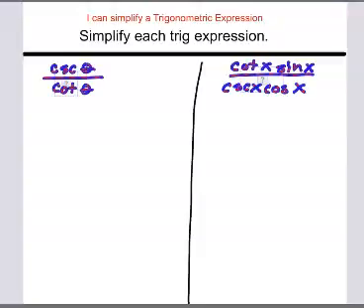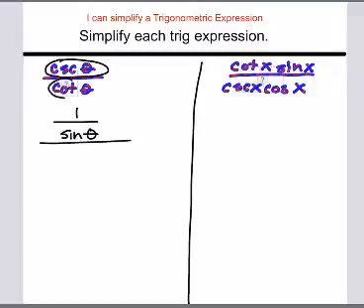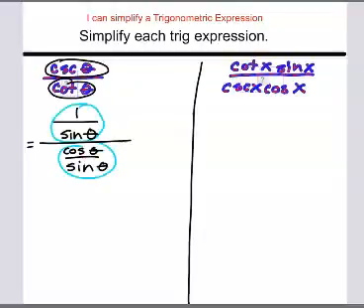This one, cosecant, I know cosecant is the same as 1 over sine. And cotangent is the same as cosine over sine. And when I look at this, I've got a fraction within a fraction. Whenever I have that, I'm going to divide by the second fraction.